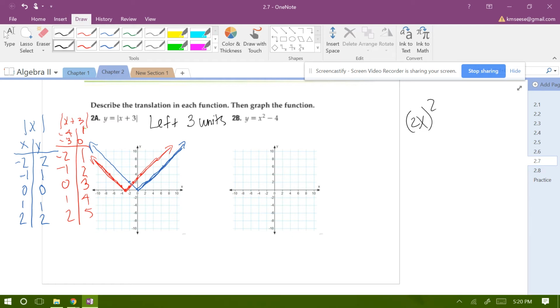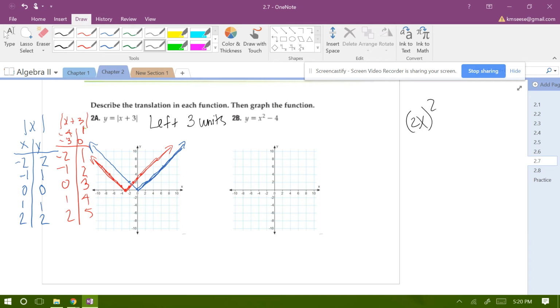And the way to kind of reason that out is that your y values, your range, have stayed the same, right? So I still have a 0, 0. My y values have stayed the same, or 0 y value and so forth. So in order to get to that same y value, if I added 3 in my equation, that means I had to have started 3 units to the left to end up at that same spot, right?